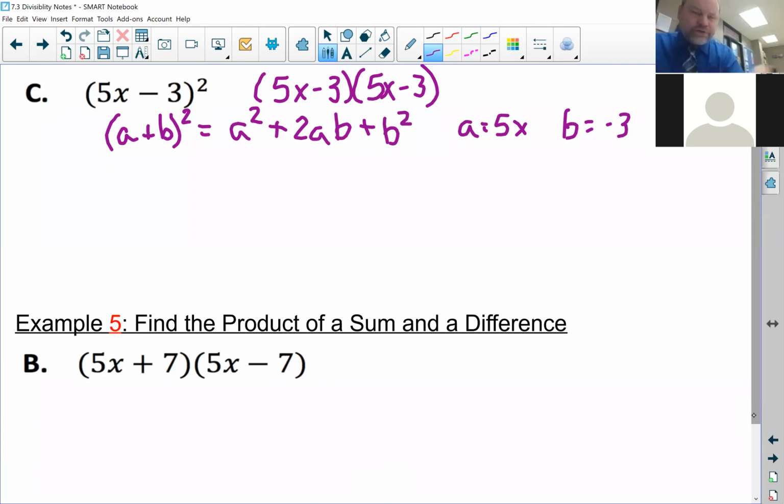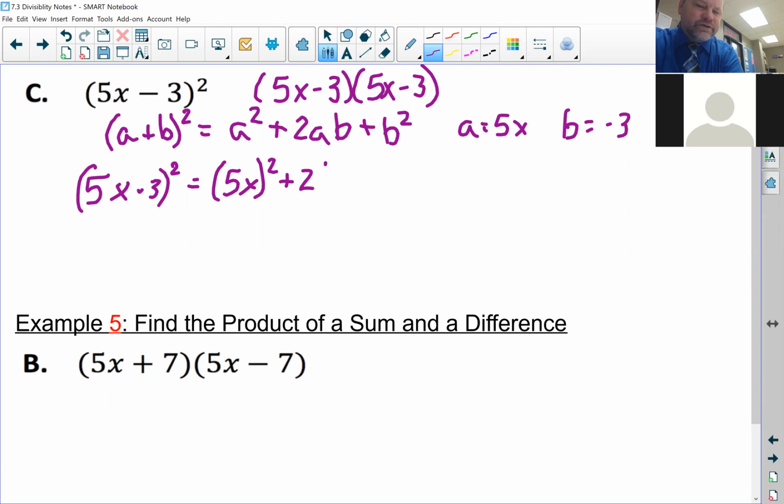So if I plug those in, my 5x minus 3 squared would be 5x, that whole thing squared, plus 2 times 5x times -3 plus -3 squared.